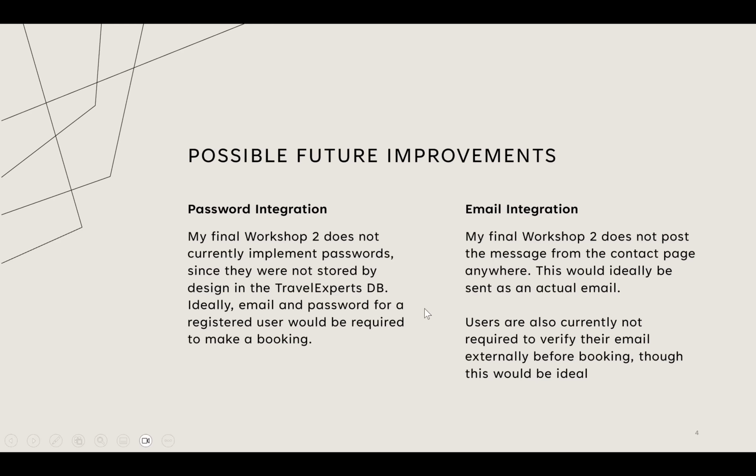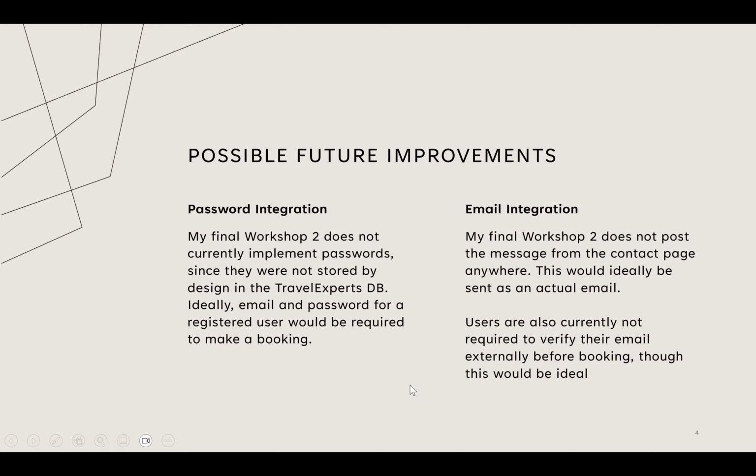But obviously, rather than putting in your first and last name and email in order to confirm an order, it would be ideal for that to actually be an email and password pair, which is stored in the database. So that is the first change we could make.